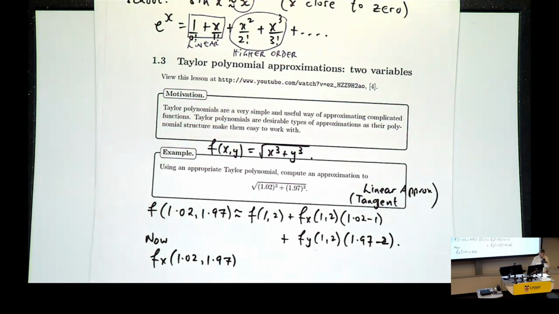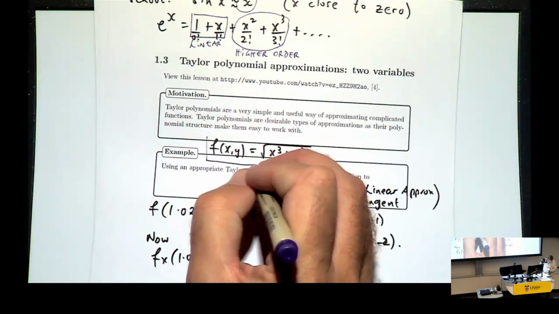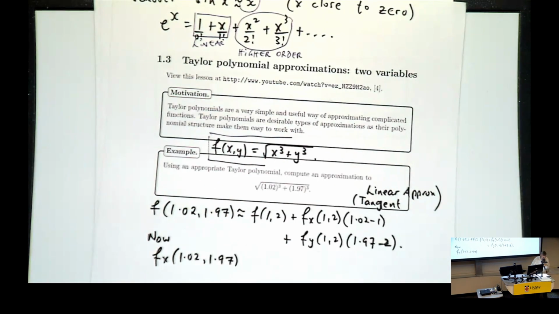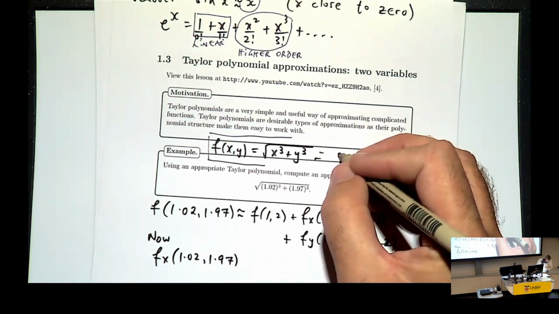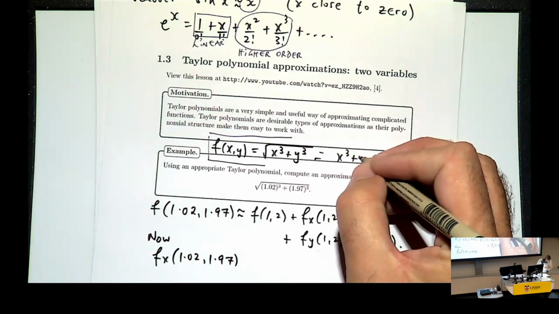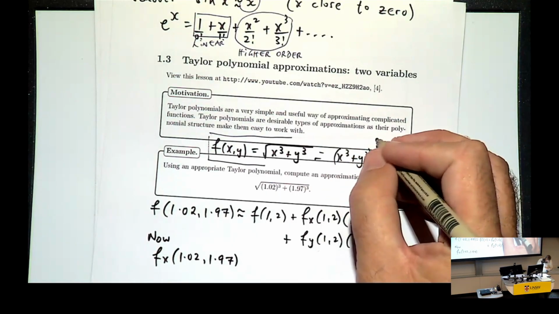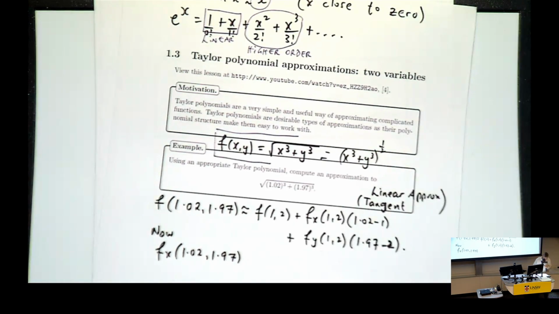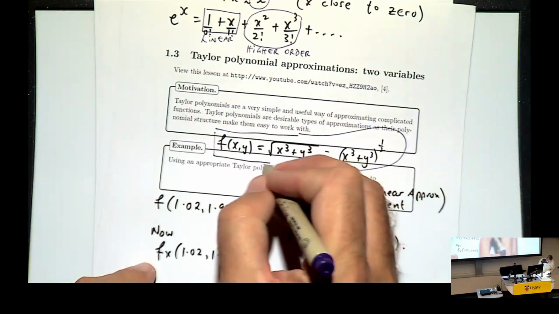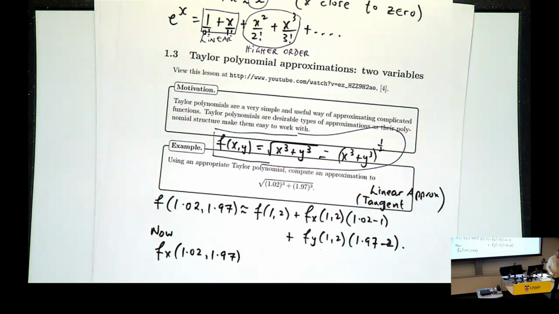All right, so we are differentiating this with respect to x. One way to do it is to write the square root as a half power and differentiate.